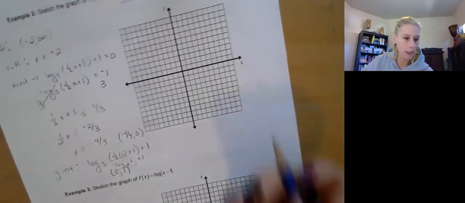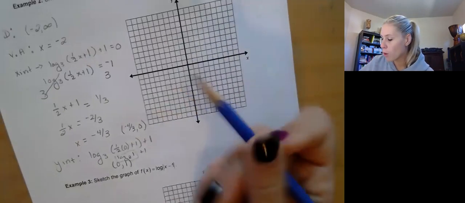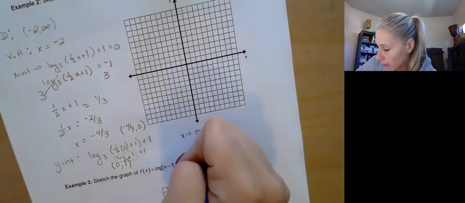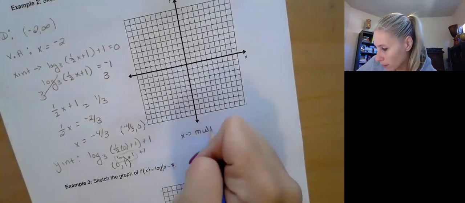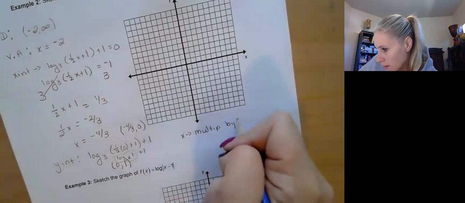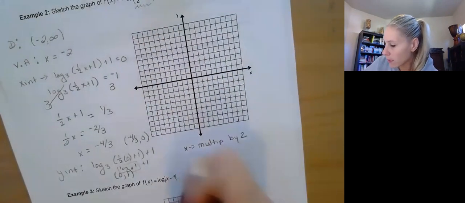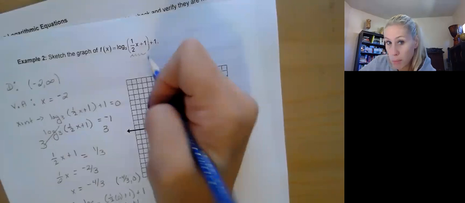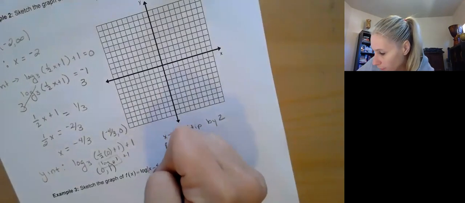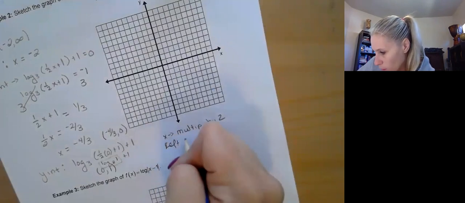And 0 plus 1 is 1. Okay. Let's also keep in mind our transformations, right? Of course, x is multiplied by 1/2. Remember, we have to do the opposite. The plus one on the inside means it goes left one.